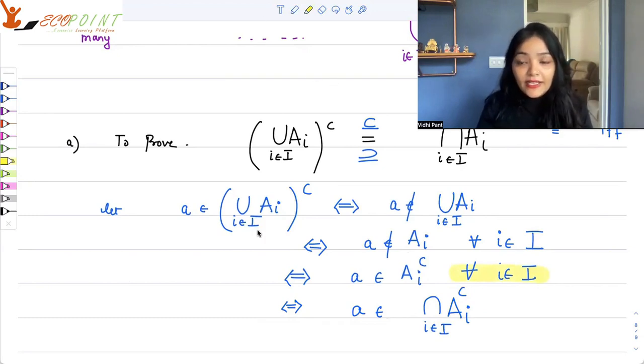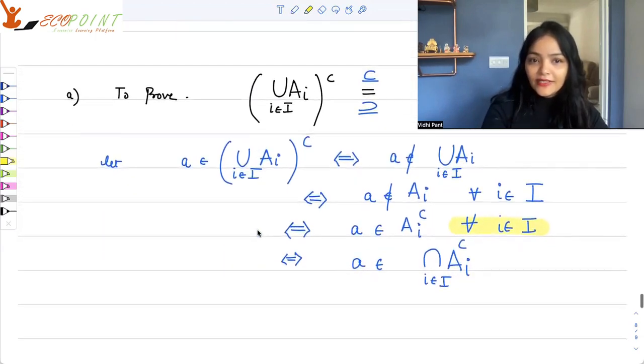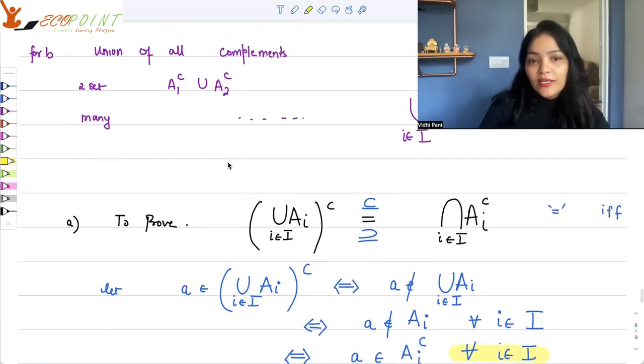Element a is in A_i complement for every i in this family, so it is in the intersection. And well, isn't that your right-hand side? That's what you wanted to prove here. You start with an element here.